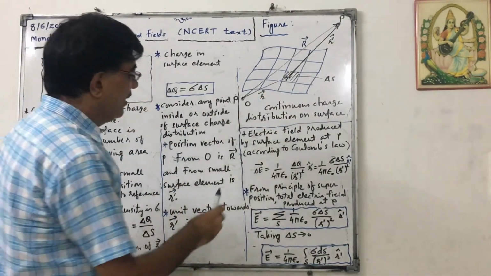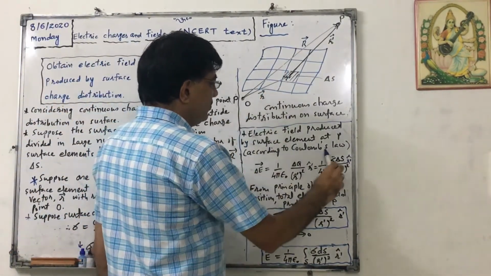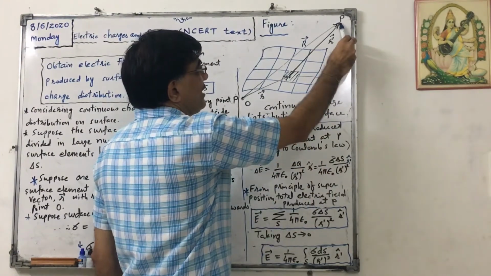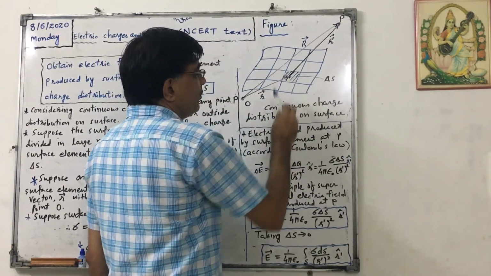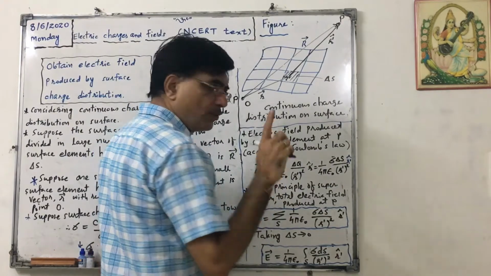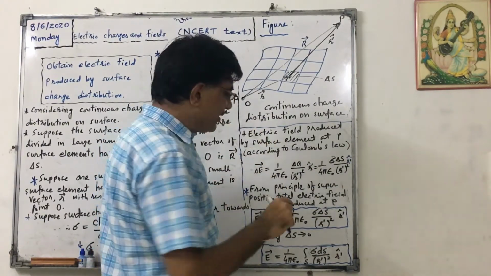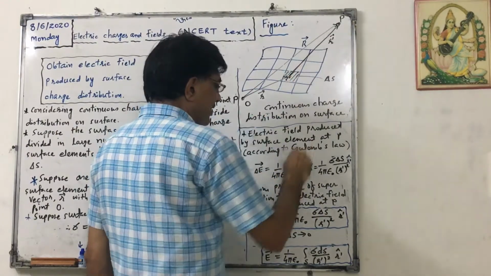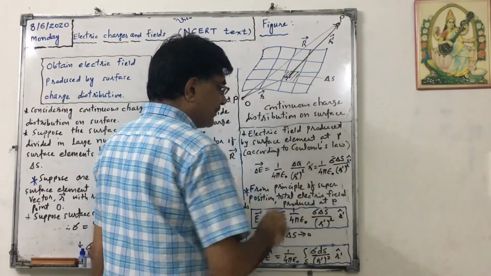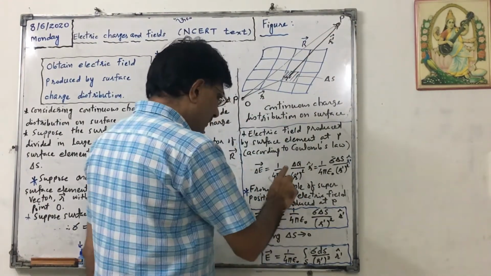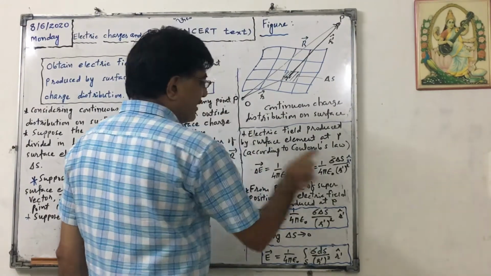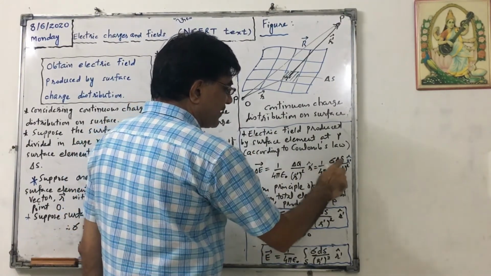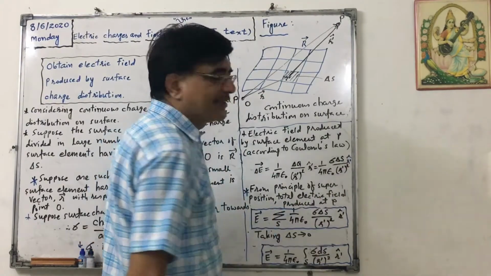Now, according to Coulomb's law, the electric field produced at P by this small element is kq by r square, where k is 1 upon 4 pi epsilon naught, q is delta q, and this is r dash square, and this direction is r dash cap. Replacing delta q by sigma delta s, it is 1 upon 4 pi epsilon naught sigma delta s upon r dash square into r dash cap.